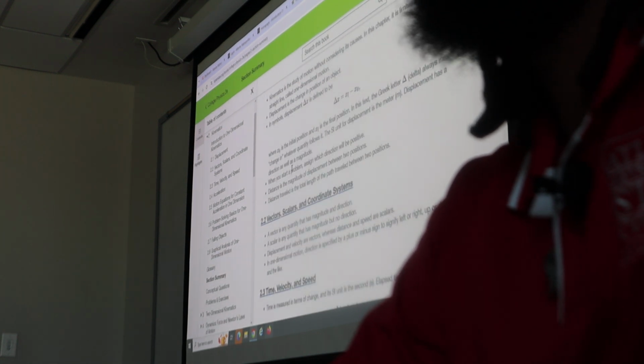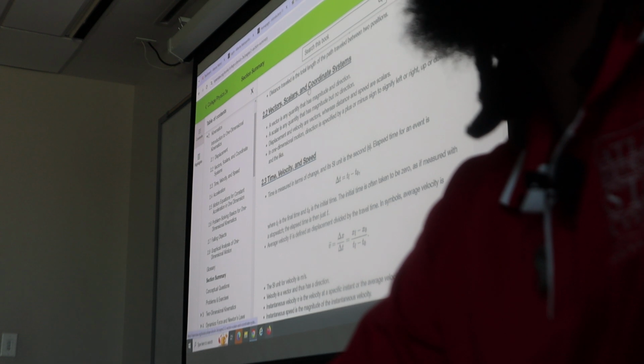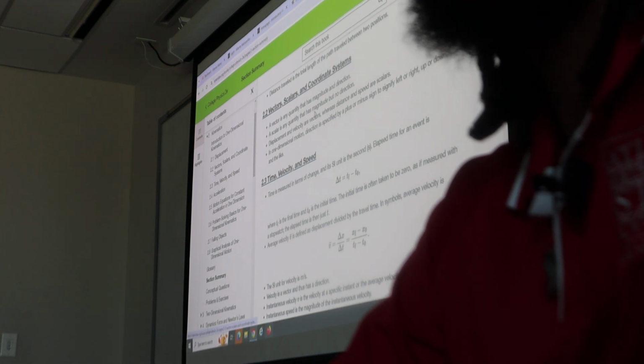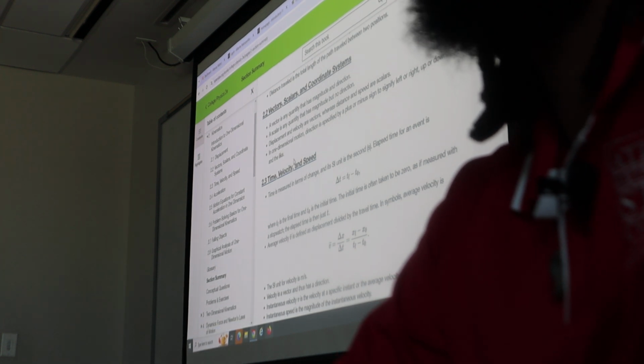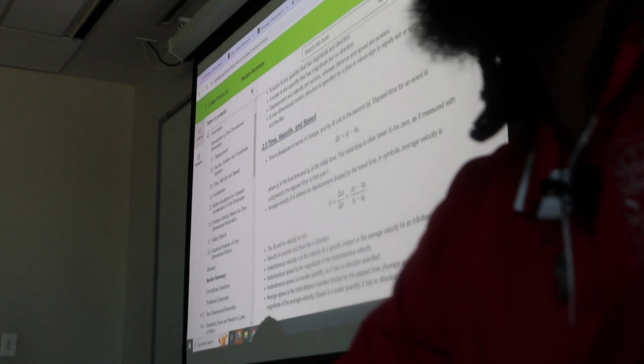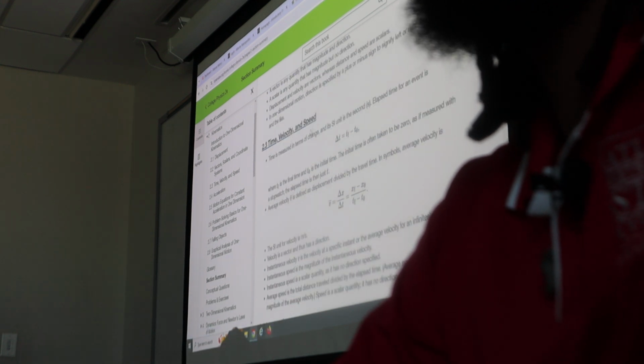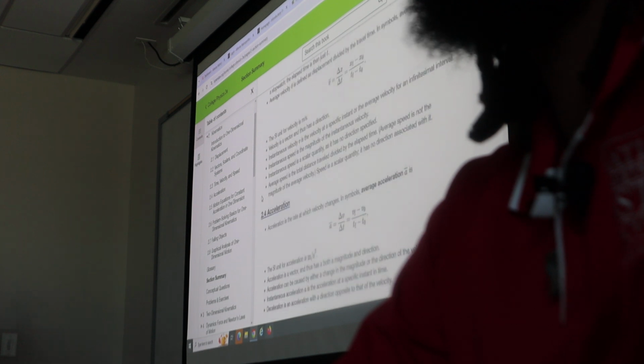So vectors, scalars, coordinate systems, we talked a little bit about that, but we're going to talk about vectors here. Time, velocity, and speed, that's what we just talked about.